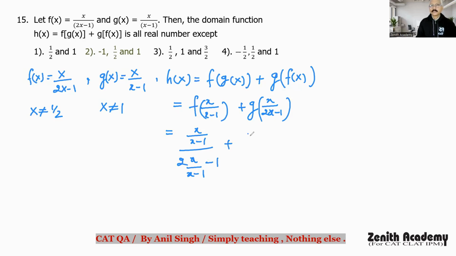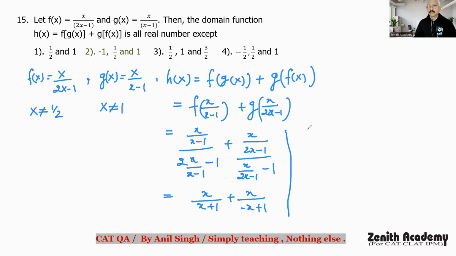And here g of f(x) is x upon 2x minus 1 upon x upon 2x minus 1 minus 1. So this will be equal to x upon 2x minus x plus 1, and here x minus 2. So it is x upon minus x plus 1.